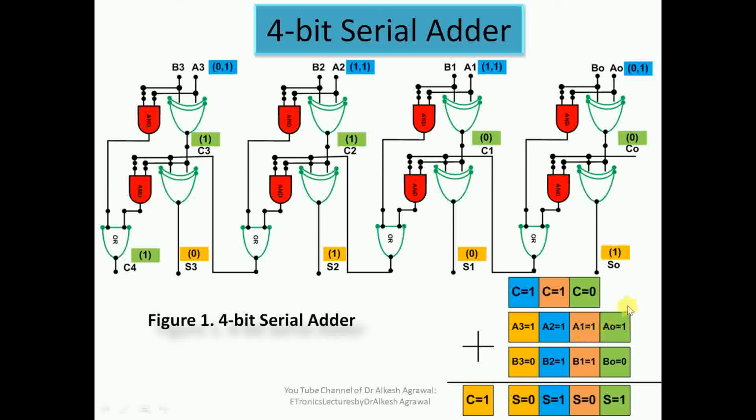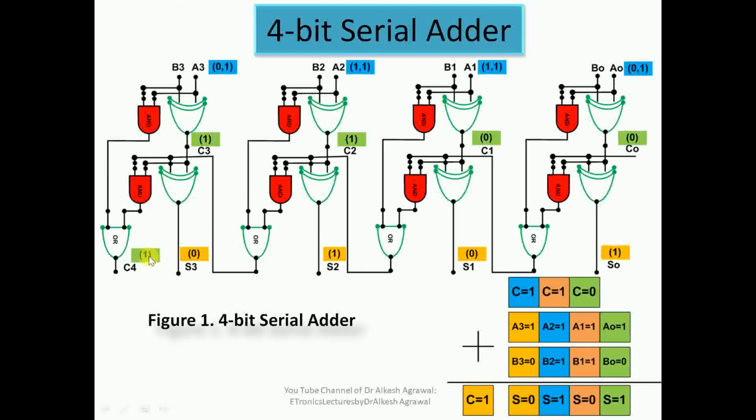And if you verify it mathematically, the first number is all ones, that is 1, 2, 4, 8, which is 15. So we have 15 plus 6 is 21, and what we finally get is 1 0 1 0 1. So we have 1, 2, 4, 8, 16.